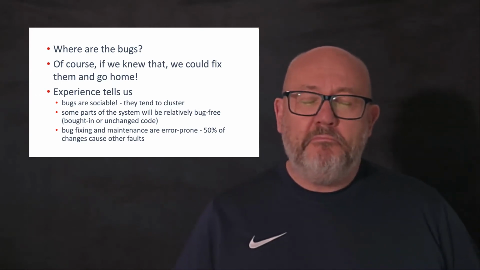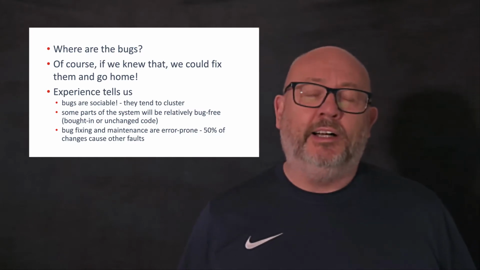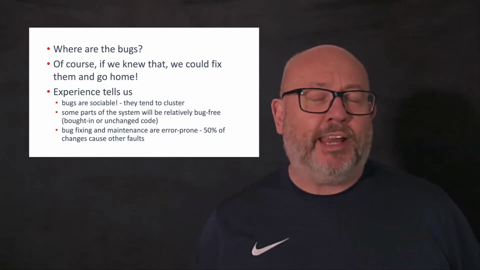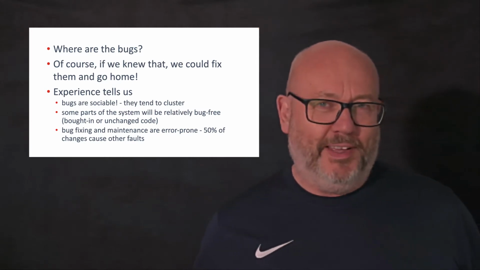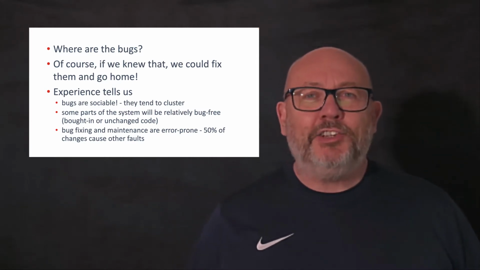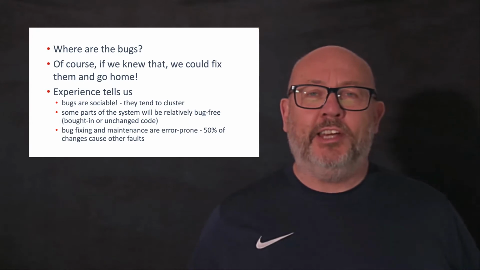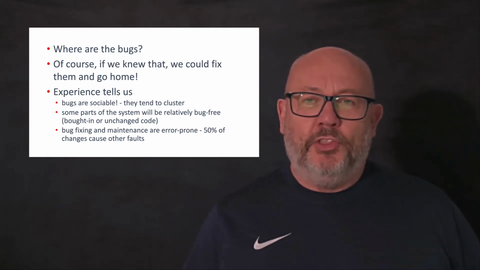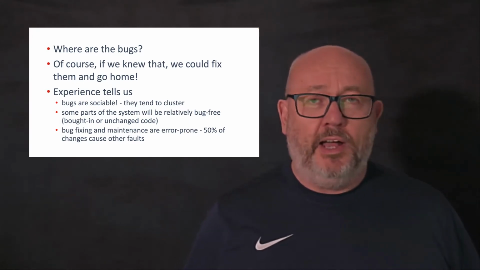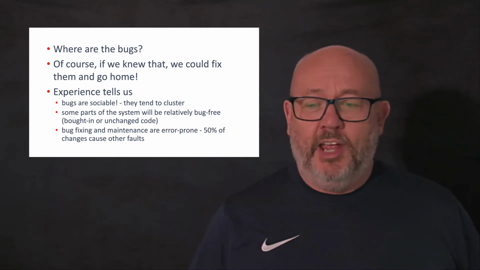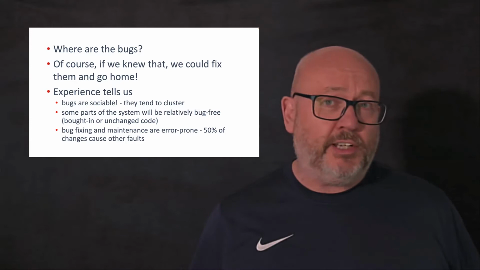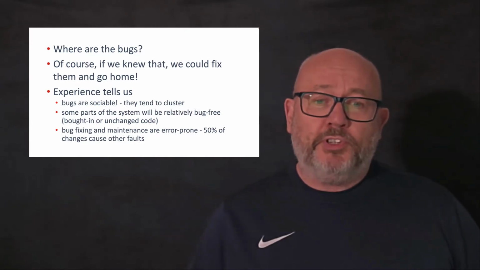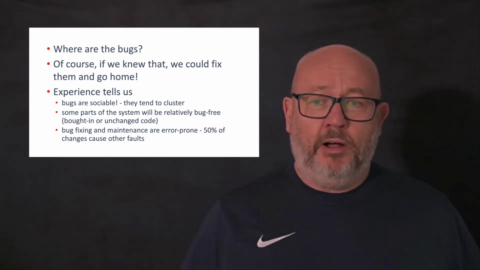Now, there are some macro level things we can say about the characteristics of bugs in software. They're kind of sociable, and by that I mean they tend to cluster. We tend to see areas of the system that are relatively bug-free. Perhaps that area of the system is a very well established and trusted component that we've used many times before. But some areas of the system are going to be new.